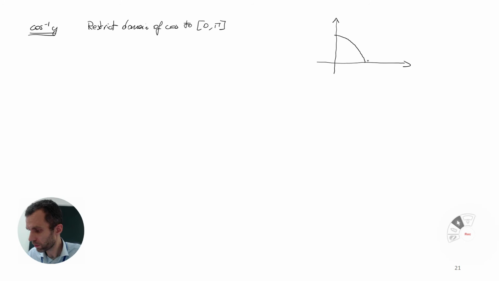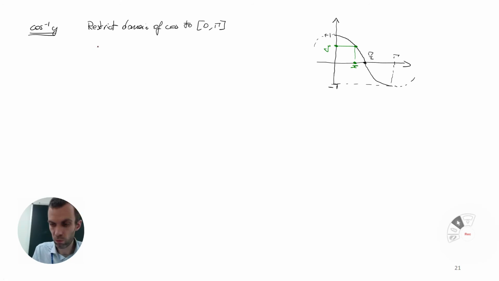It decreases until it's pi over 2, where it becomes 0. And then for pi, the value is equal to minus 1. So here we have plus 1, and here we have minus 1. We restrict to this interval precisely because now we can play the same game. Given a y, there's always one unique x associated to that y.